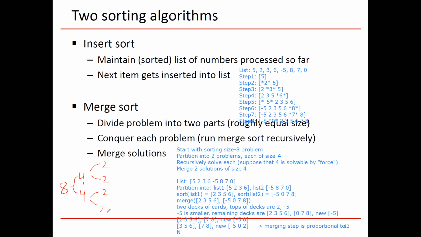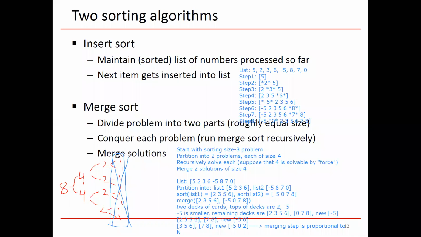And now I can partition each of those into a problem of size 1. And I think that all of you know that a problem of size 2 is trivial. So that last level of partition, I'll put this in another color. This was really, I put an X over it, not needed.